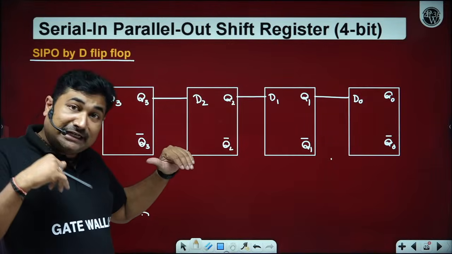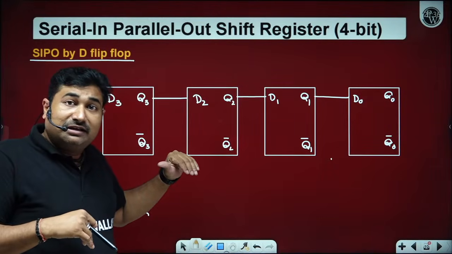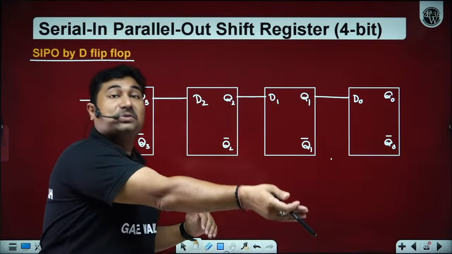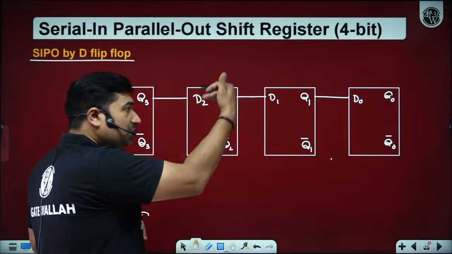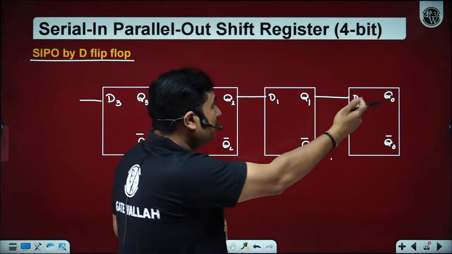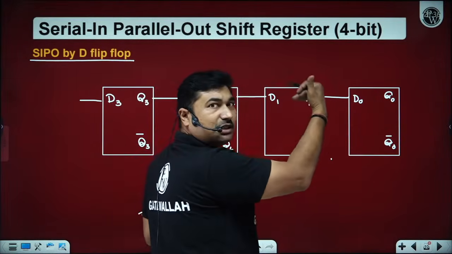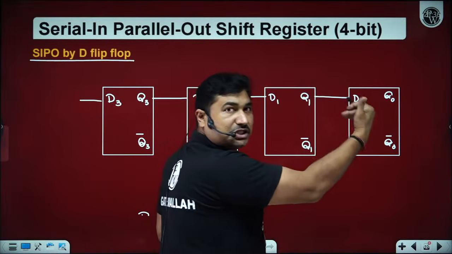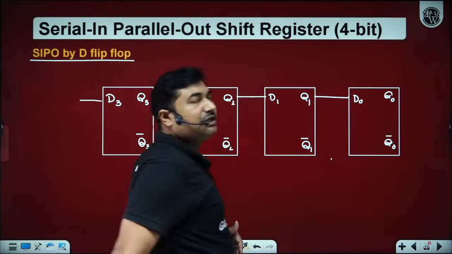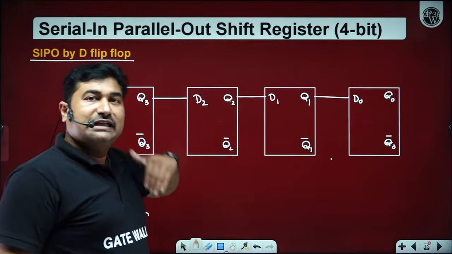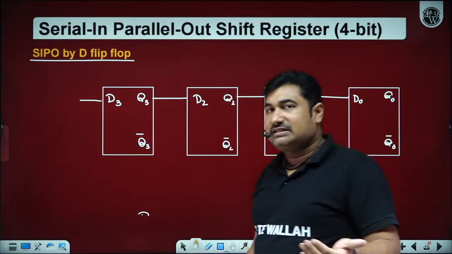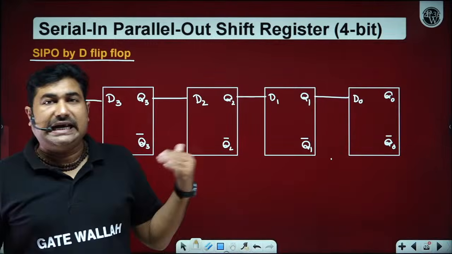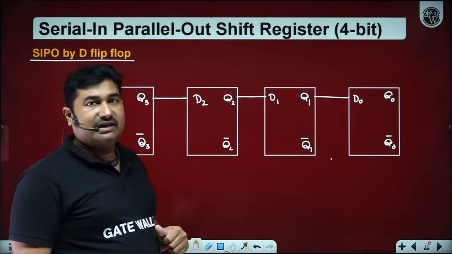Whatever data is at Q3 is going to be shifted to Q2. In the same way, whatever data is at Q2 is going to shift to Q1, and whatever data is at Q1 is input to D0, so that data is going to shift to Q0. So ultimately the data is being shifted one bit at a time. That is why it is called a shift register. The data is shifting to the right side, so we call it a shift right register.